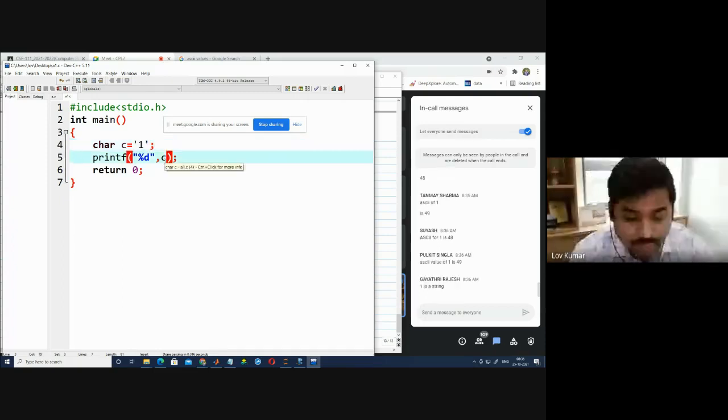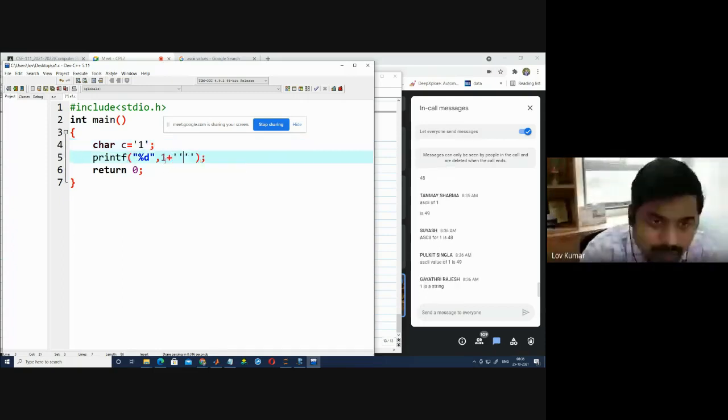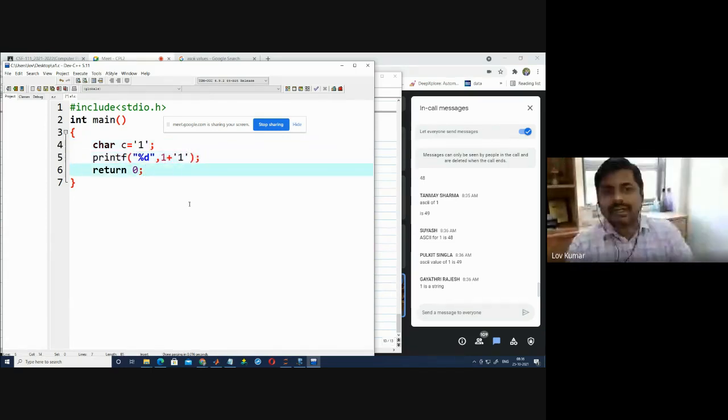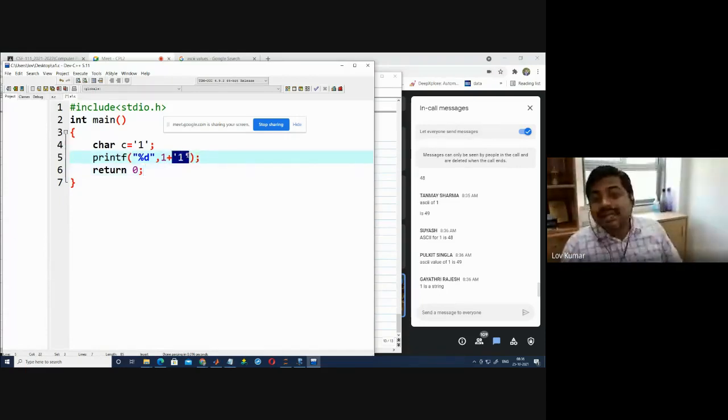If we write 1 plus this single-quoted 1, what value will we get as the answer? This one will be considered a character. When you write anything in single quotes, that is considered a character.